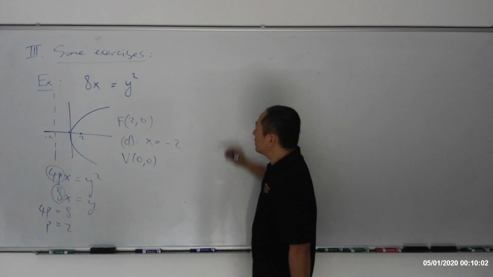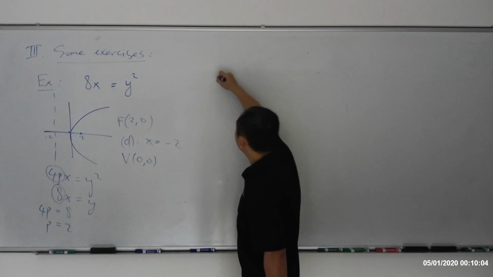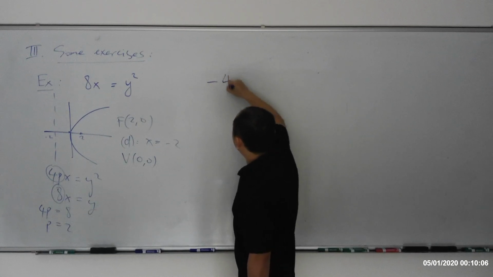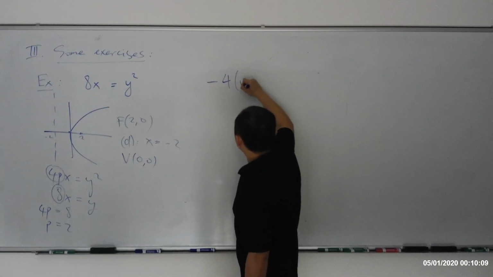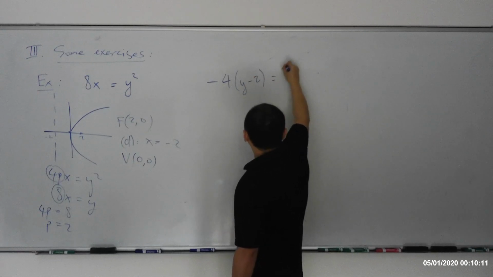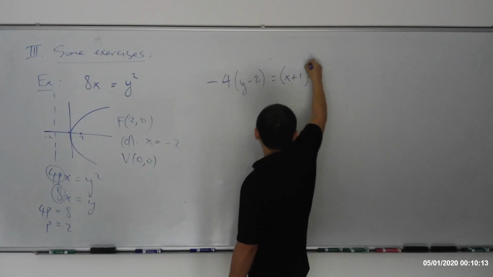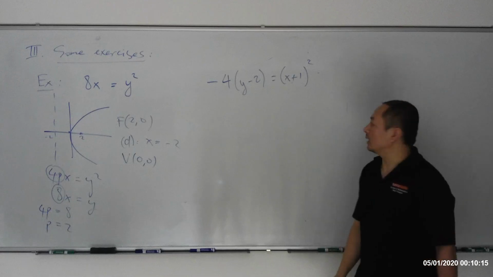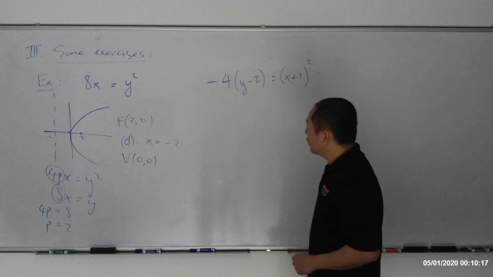So pretty much. How about another one? If I give you this, -4(y minus 2) equal to (x plus 1) squared. Alright, now this second example is more general than the first one.